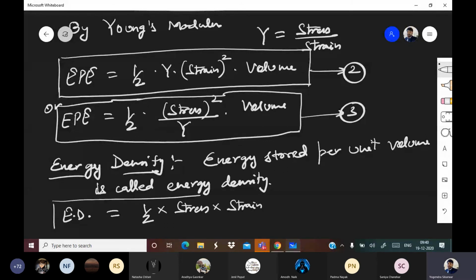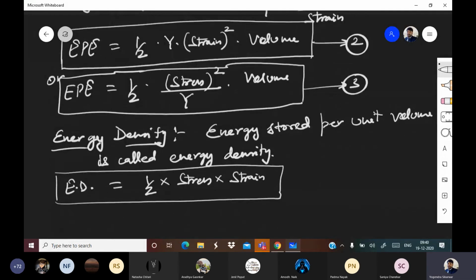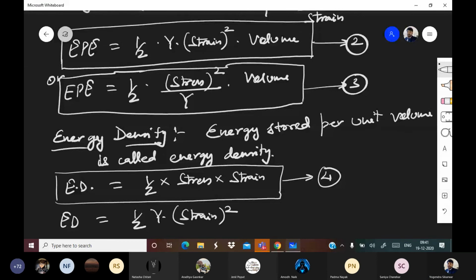Okay. So basically, if you take the volume in the previous equation to the left side, then it will be like this. So let me call this equation 4. The same ED can be written as 1 by 2 into Y into strain square. Okay.